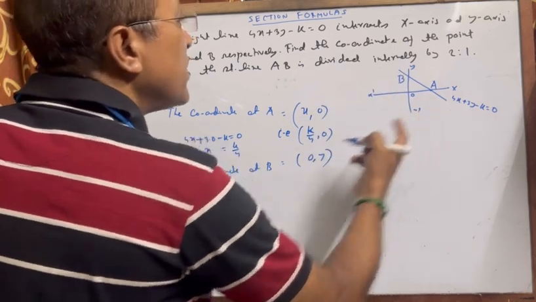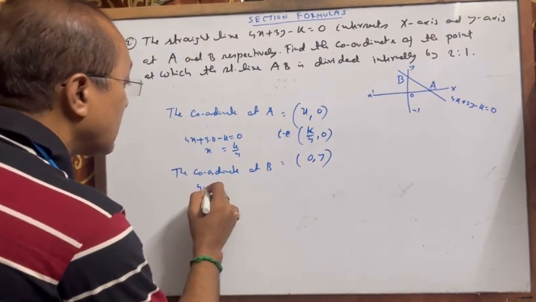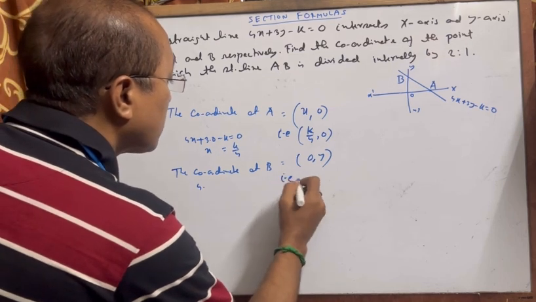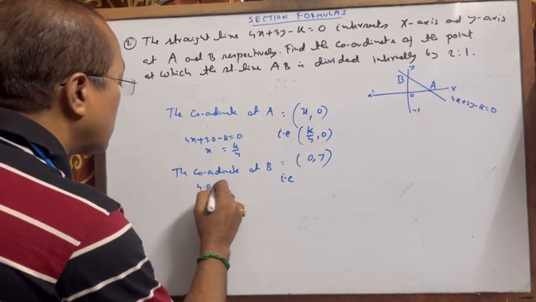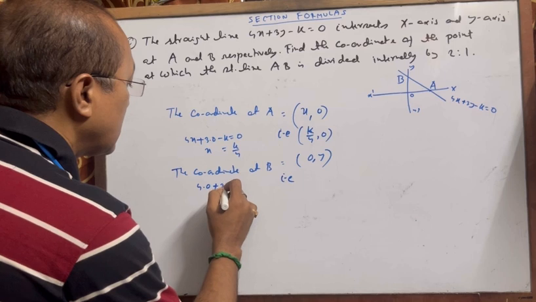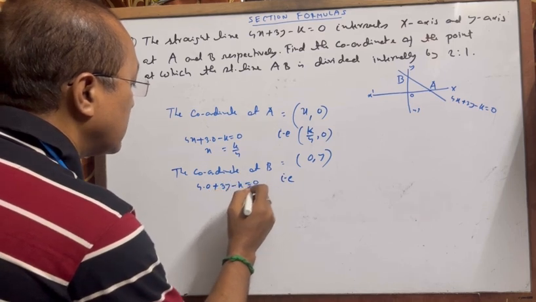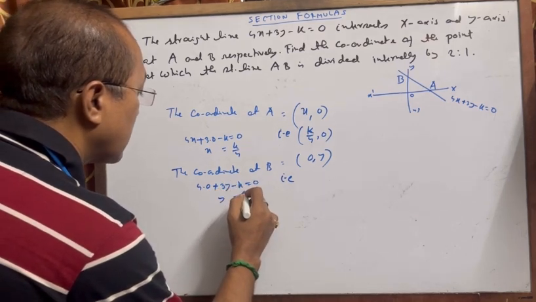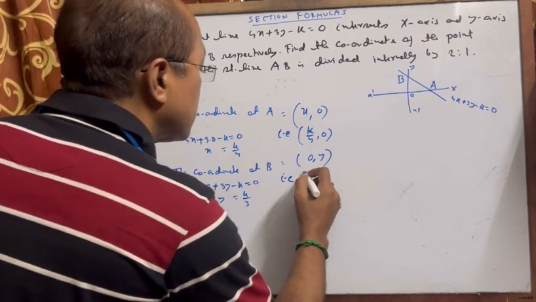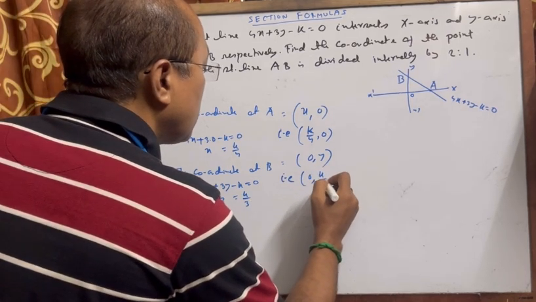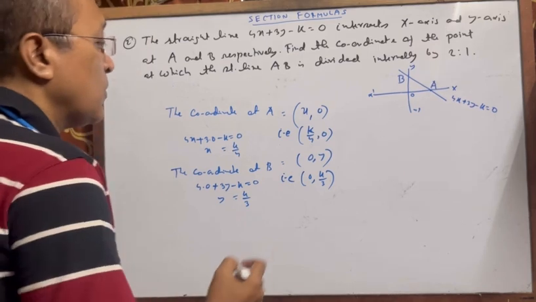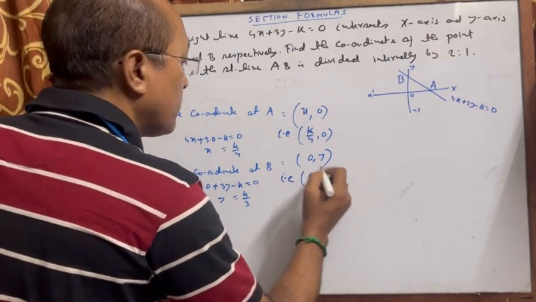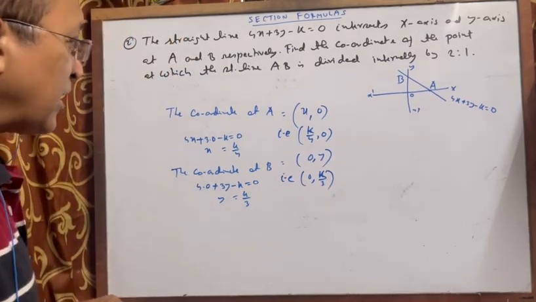So putting 0 here, 4 into 0 plus 3y minus k, that is y is equal to k by 3. So we have found the coordinates at A and B.